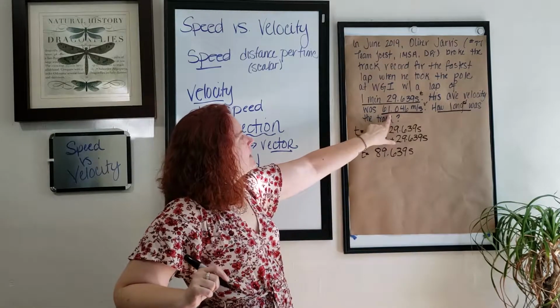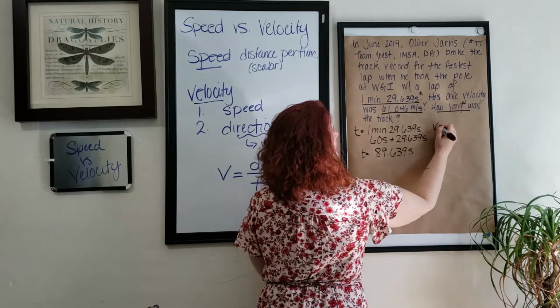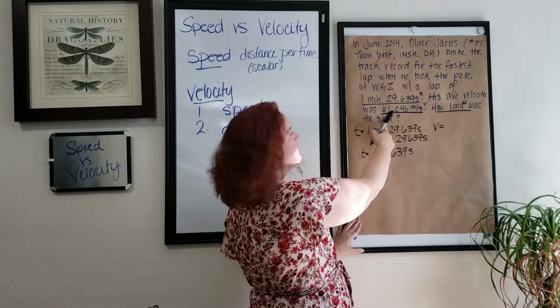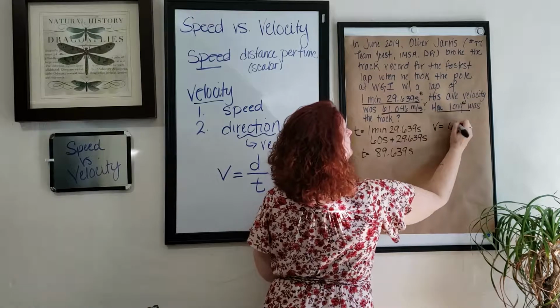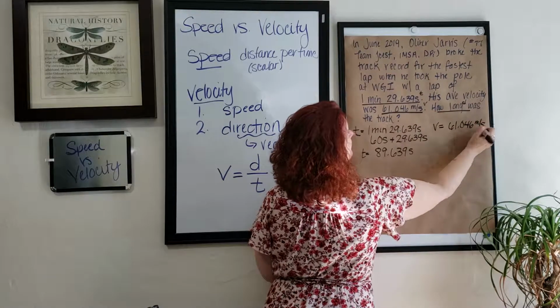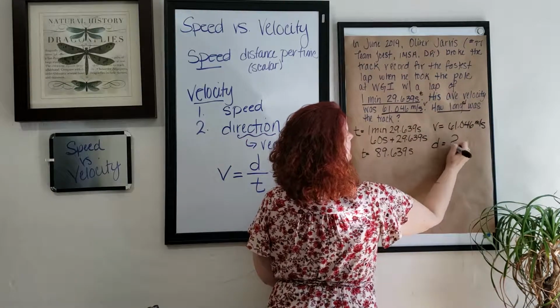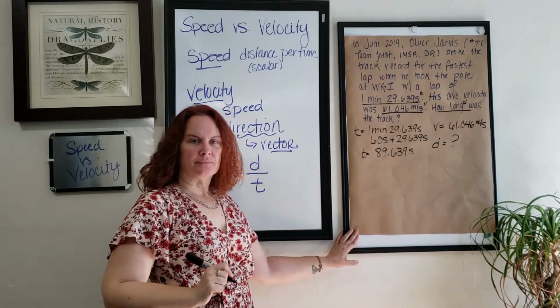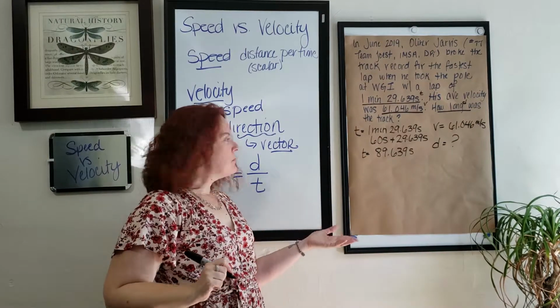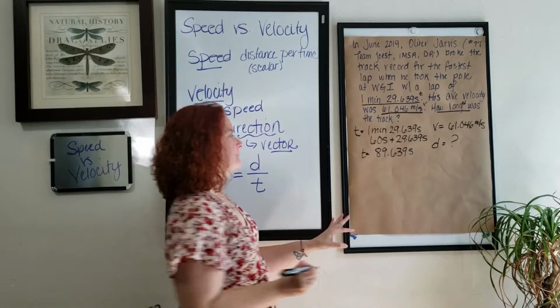Now, we already have that our velocity here is our 61.046. And then our distance this time is what we're looking for. So the equation that we want to use, again, velocity equals distance over time.